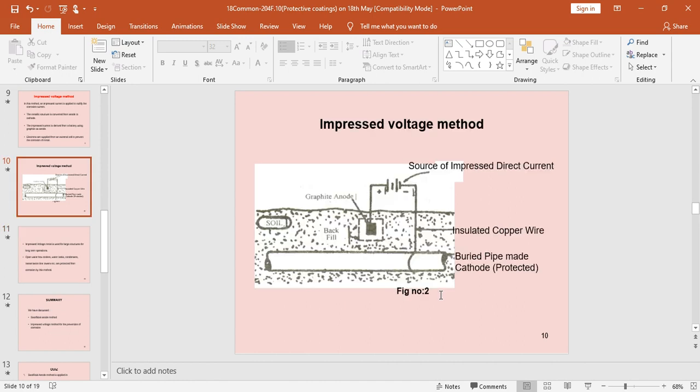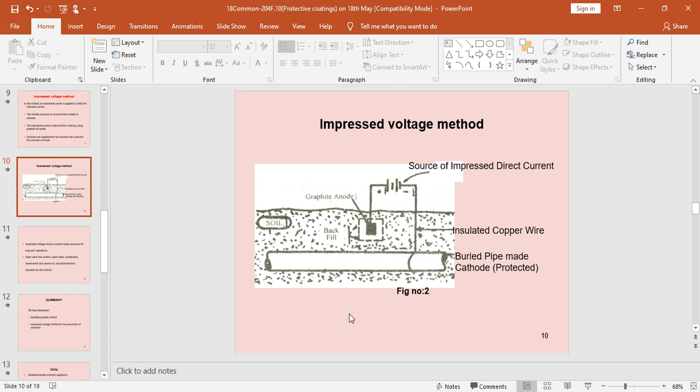See here, impressed voltage method diagram. Now here, see here, backfill. Backfill means the anode is an inert material and has to be replaced from time to time.